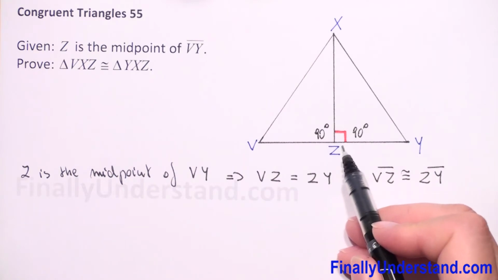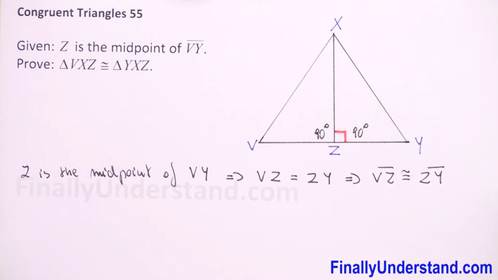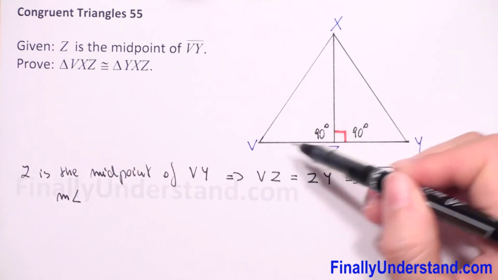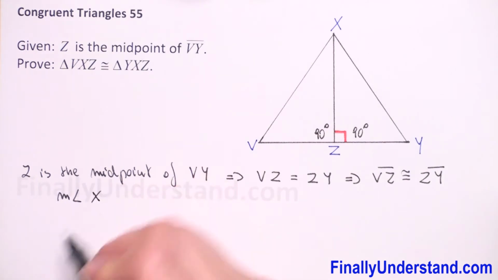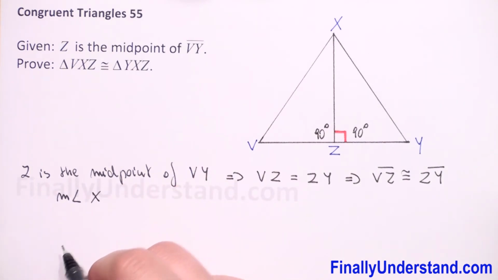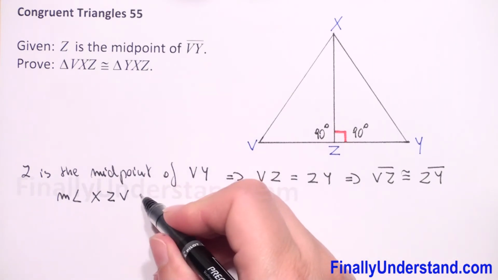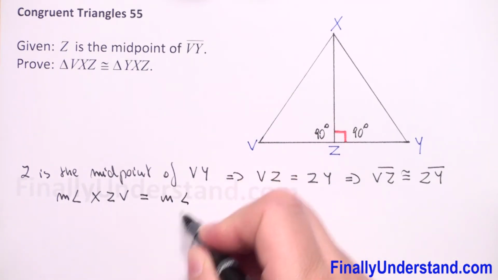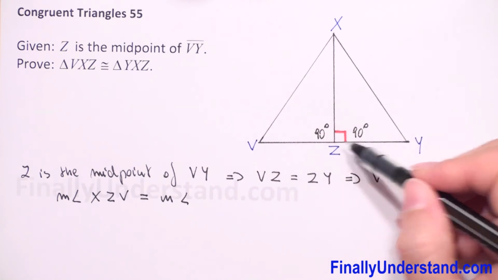It means 180 degrees. So we can write that measure of angle XZV is equal to measure of angle XZY.